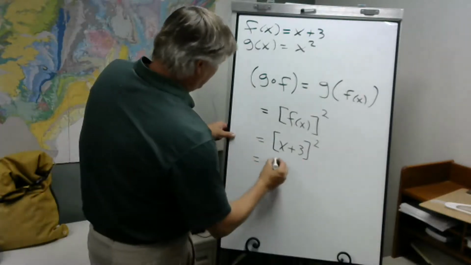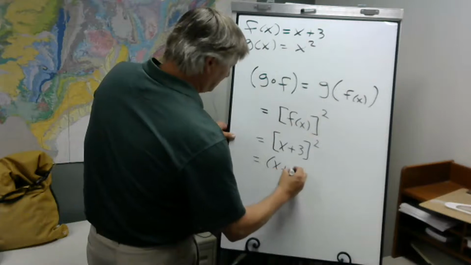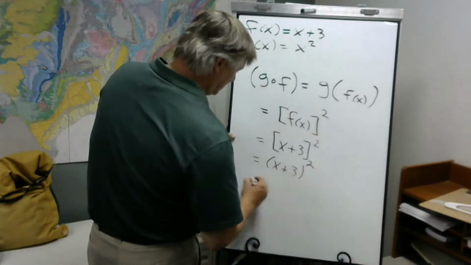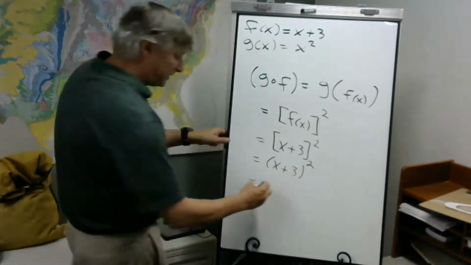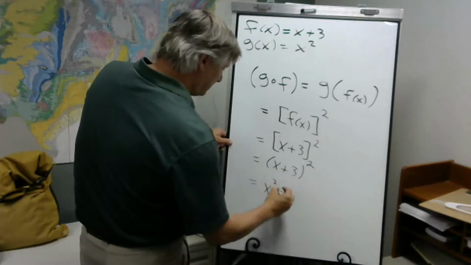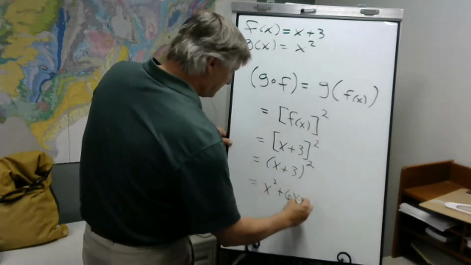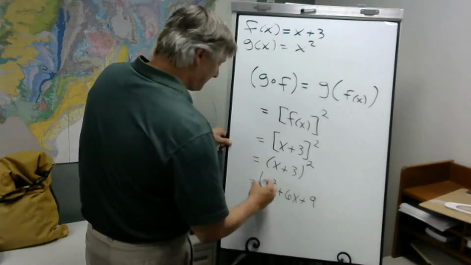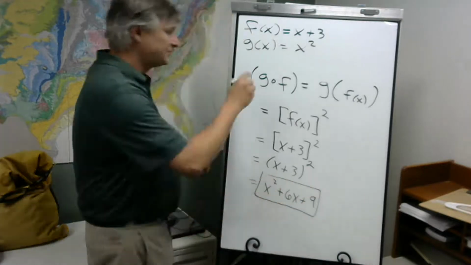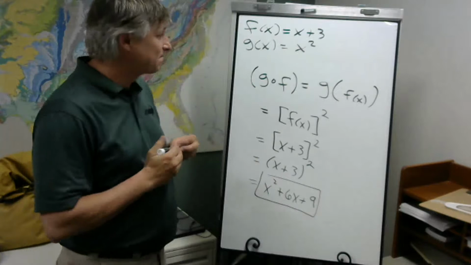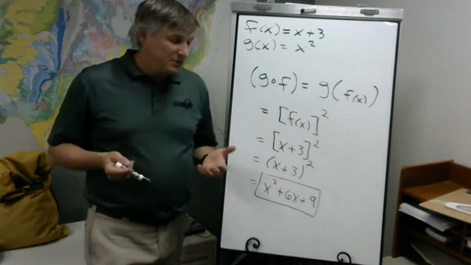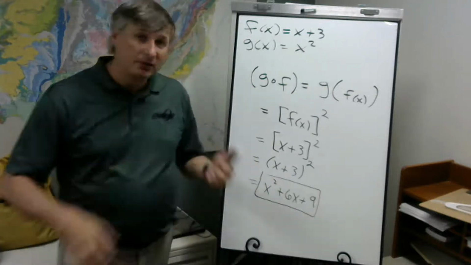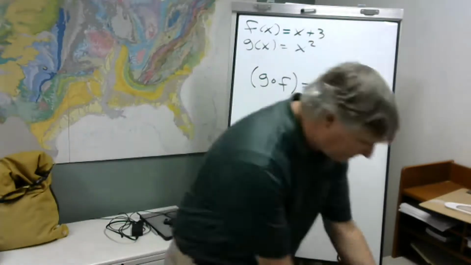So it's the same thing as saying this. So we FOIL this and we'll get x squared plus 6x plus 9. And that's g composition f. So those are the major combinations that we're going to be looking at in this section.